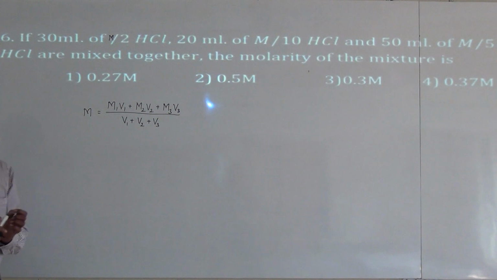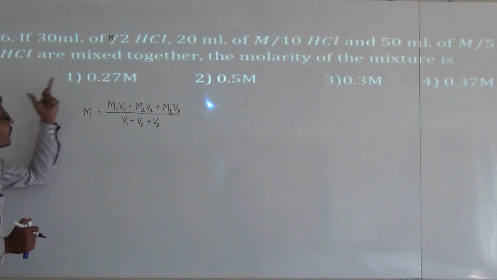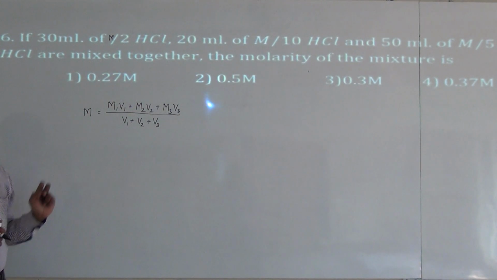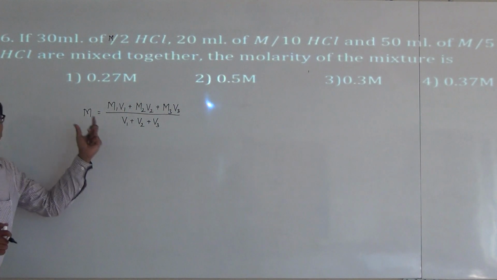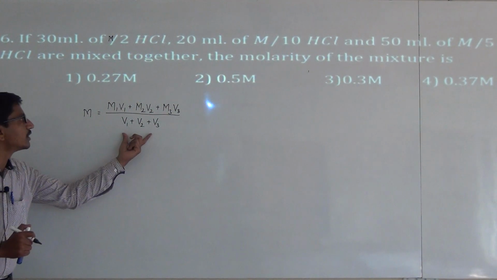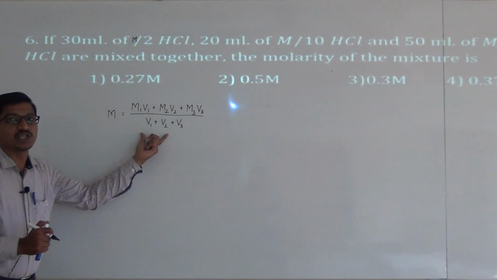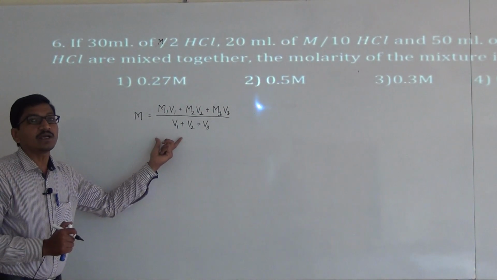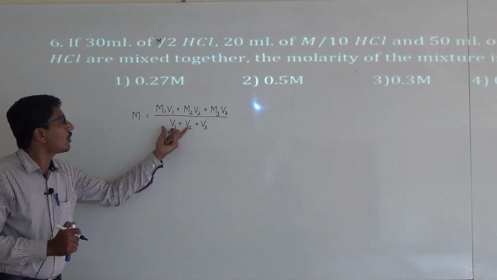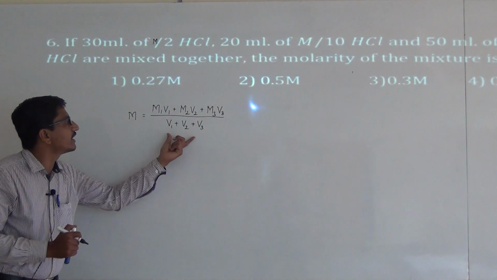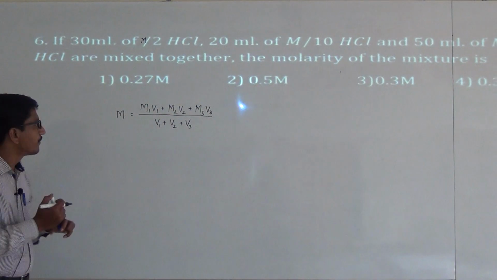Here the same solutions, different concentrations of HCl solutions with different volumes, are mixed together to form a mixture, and the concentration of the resulting mixture is calculated by using this formula.